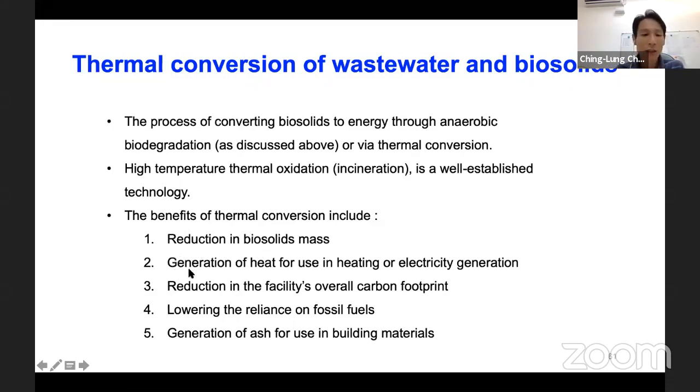The second is generating heat for use, and reduction in the facility's overall carbon footprint, lowering the reliance on fossil fuel, and generation of ash for use in building material. The ash, we will talk about later. They will use this ash to make concrete or brick, to build houses.